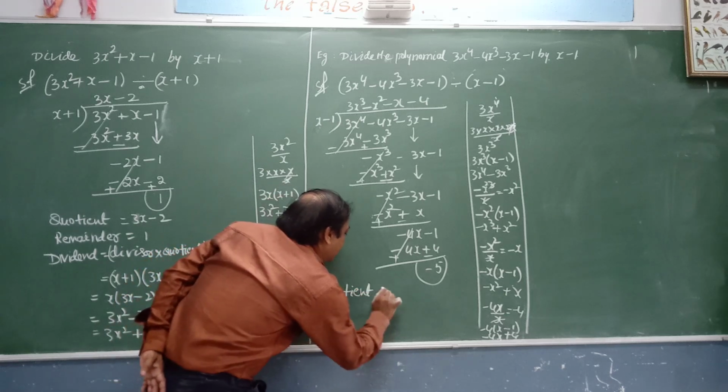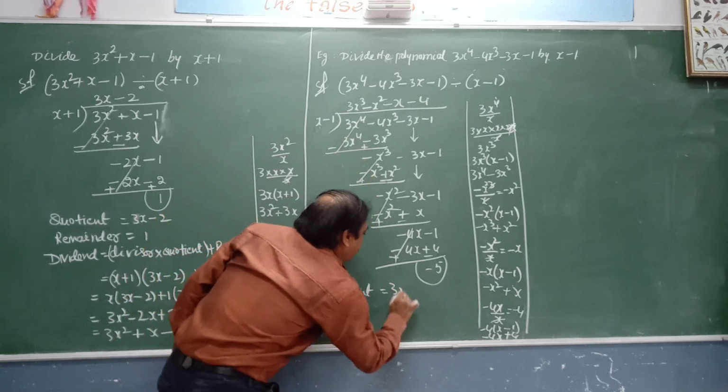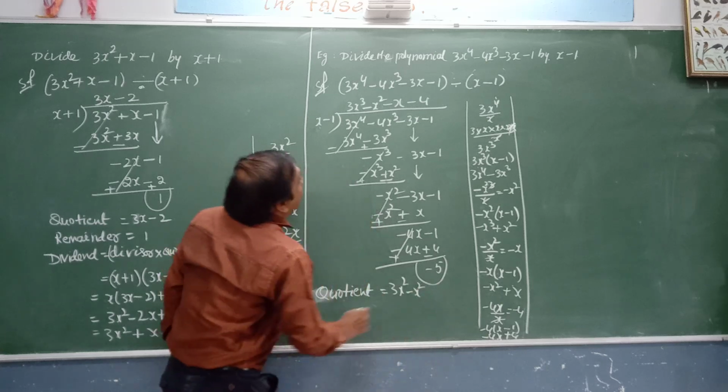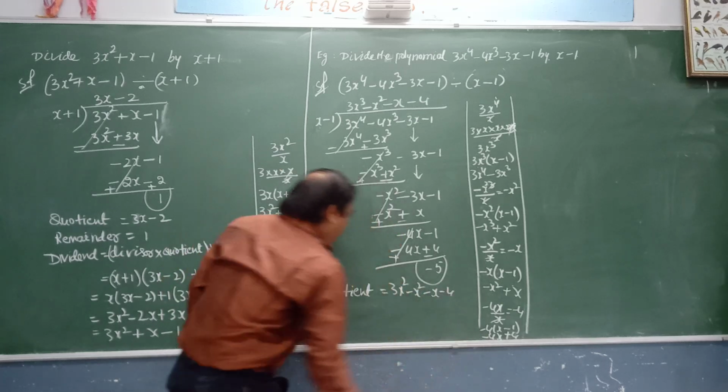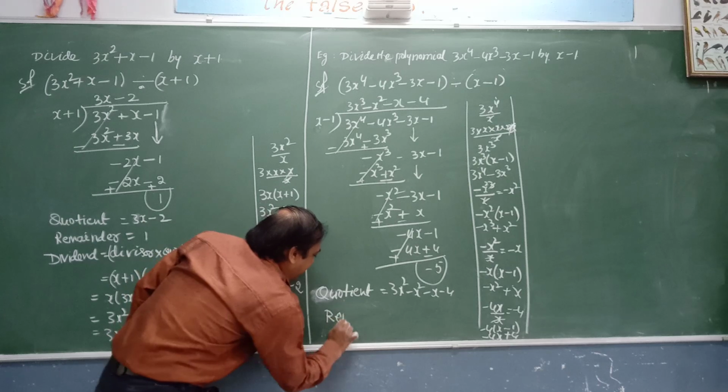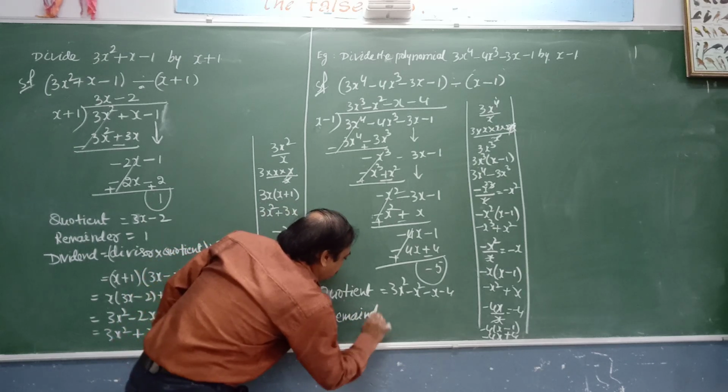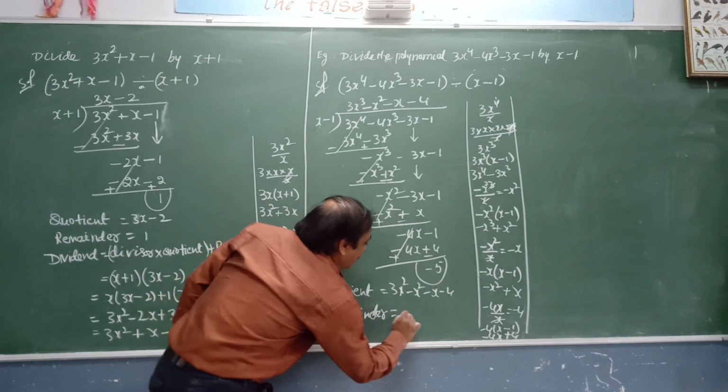Now dividend is equals to, we write first remainder and quotient. Quotient is equals to 3x cube minus x square minus x minus 4, and the remainder we obtained is minus 5.